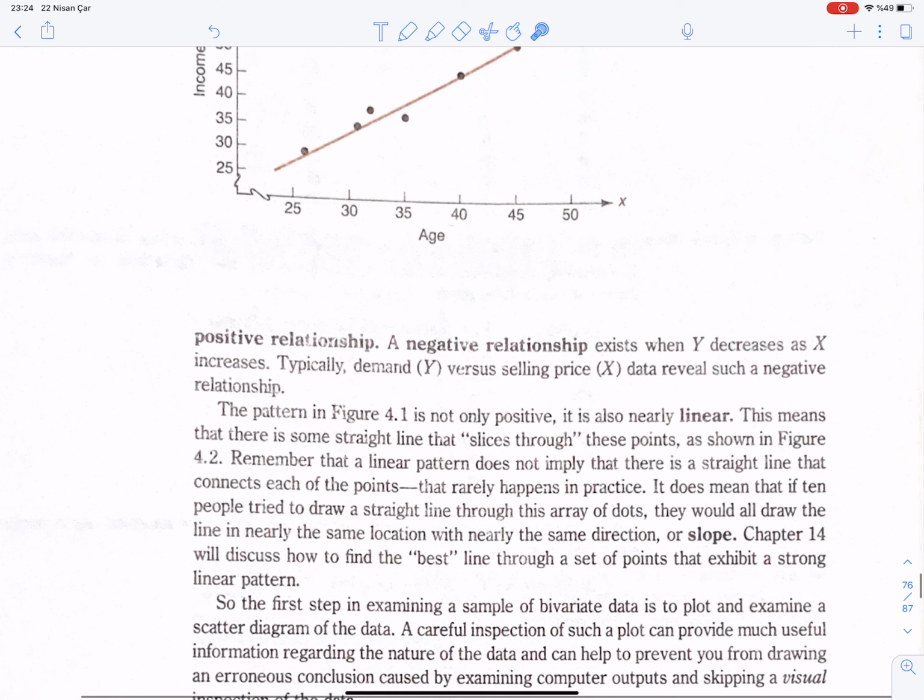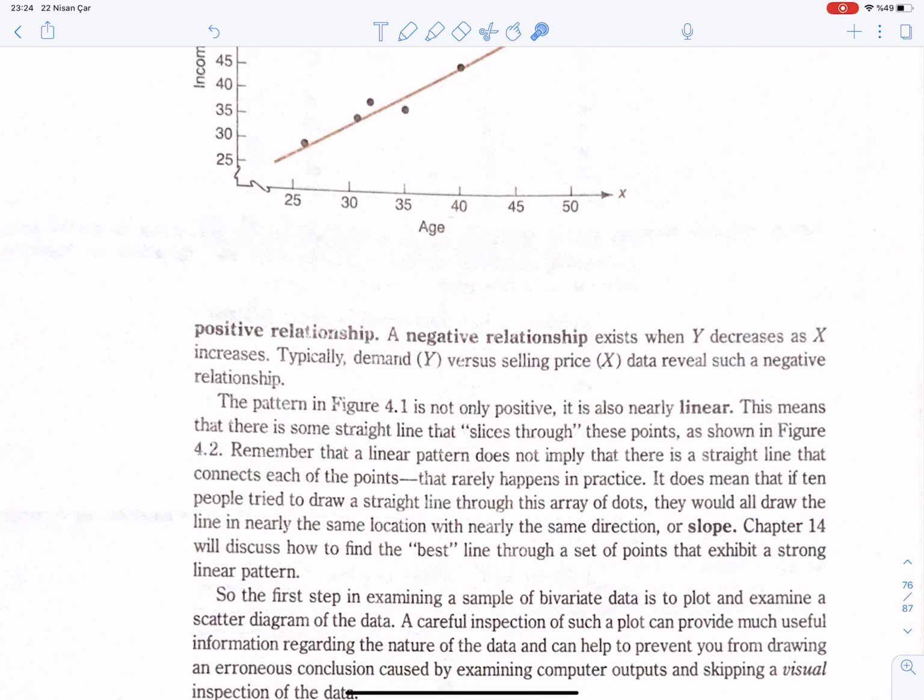So there will be a negative relationship, or maybe a better example. Let me give you one from your daily life. The more time you spend on your leisure life, the less you get from your examination, from any lecture.